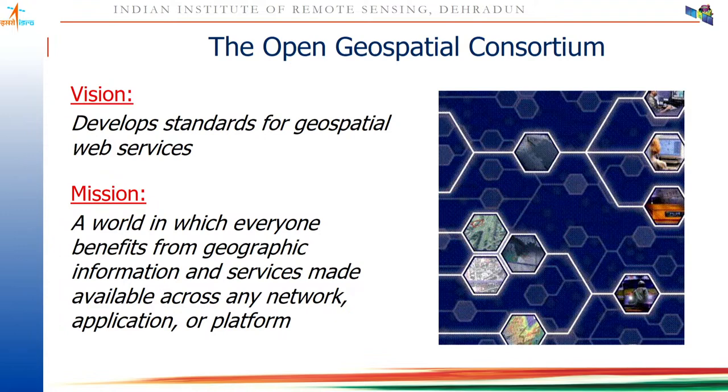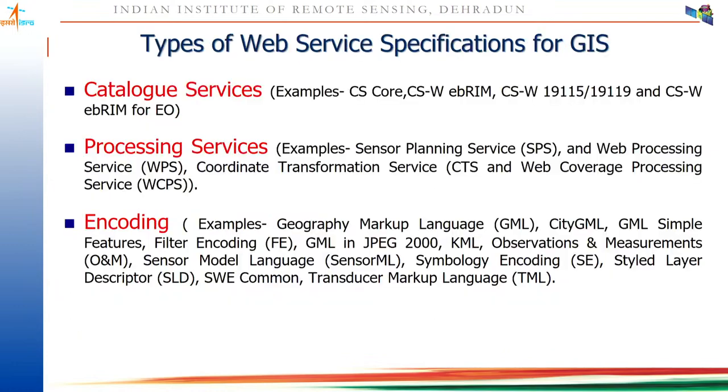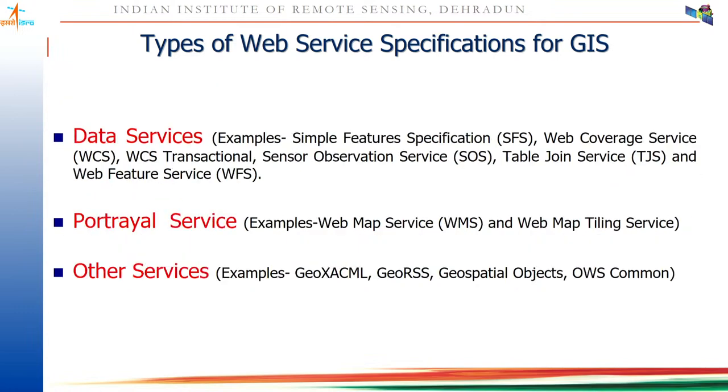This is called the Open Geospatial Consortium, and they have the vision to develop standards for geospatial web services. Different types of web service specifications are available from OGC, called catalog services, processing services, encoding services. Then we have the data services, portal services, and other services.